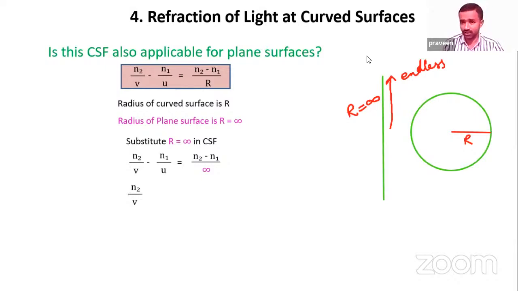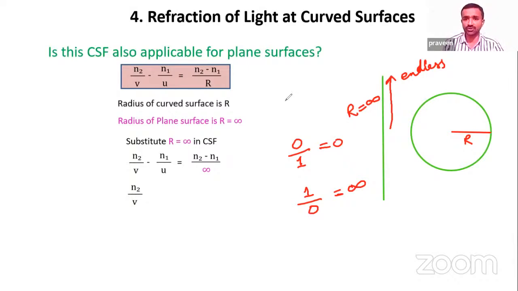I will show you. We know 0 by something is equal to 0. Then what about something by 0? Something by 0 is equal to infinity.